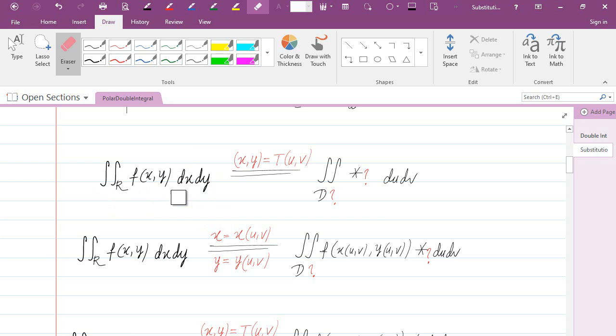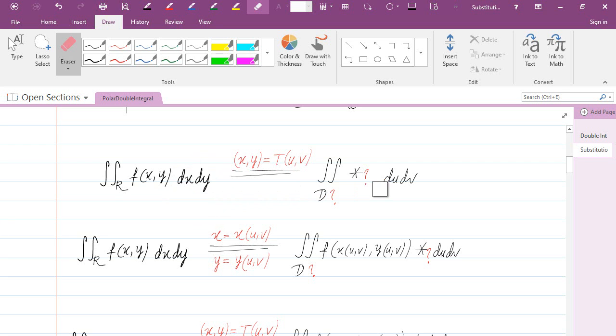I'm not trying to say we are integrating with respect to x first and then y. We are writing this because now that we are changing variables, it is important to know whether we are integrating with respect to x and y, or whether we are integrating with respect to two other variables, u and v.